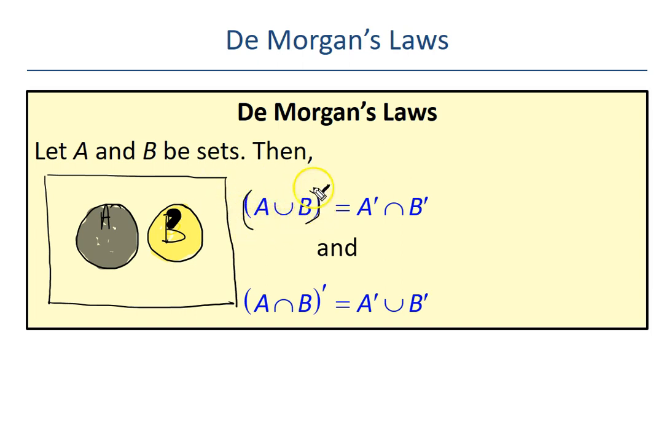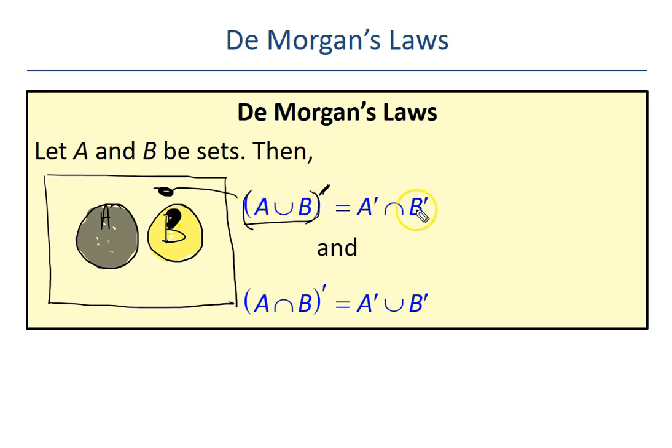So what would the complement of this be? Well, it would be all of this out here. This is represented by this white area. That is the complement of the union of set A and B.